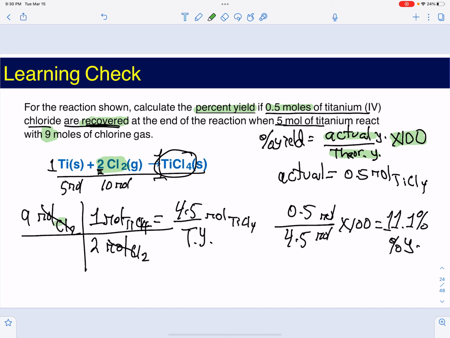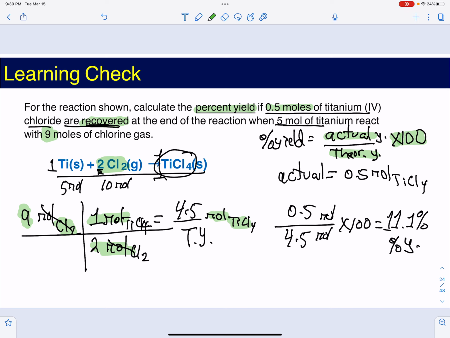We found out that chlorine was the limiting reactant, so we use the amount given for chlorine to find how much of the product you can make, using the fact that for every 1 mole of product, you need 2 moles of chlorine gas. And that gave us 4.5.